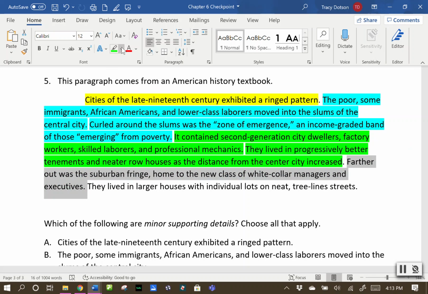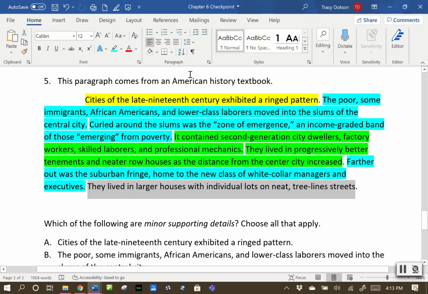That's our major, and then here's a minor. Okay? So, the first ring, slums, didn't have any minor details to it. The second ring, the zone of emergence, did have two sentences that were minor details. And then we have the suburban fringe that had one sentence that was a minor detail.